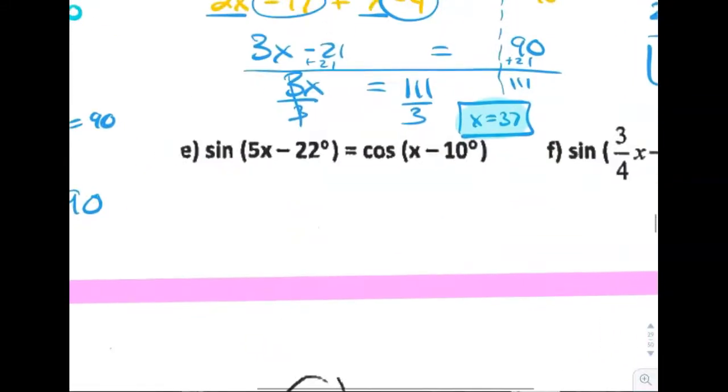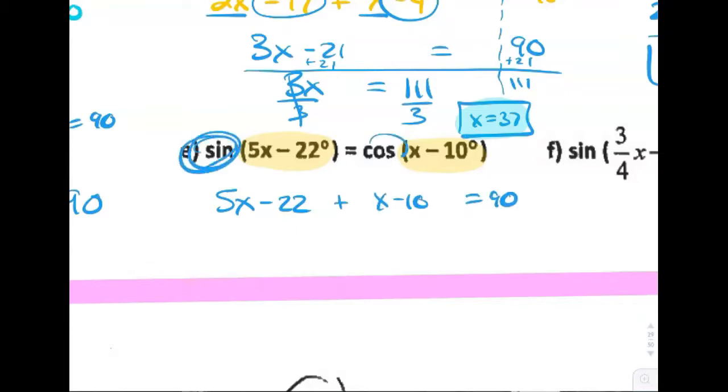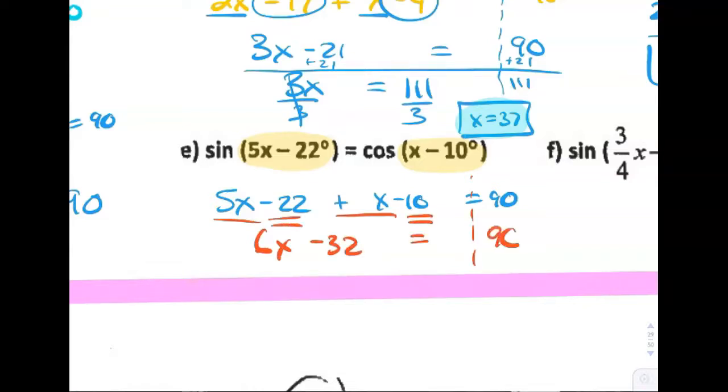But again, the moral of the story here is match that function. This plus this equals 90. So this plus this equals 90. And you can do that anytime you have a sine and a cosine because they're cofunctions. So let's combine like terms. 6x minus 32, right? Down 22, down 10 more.